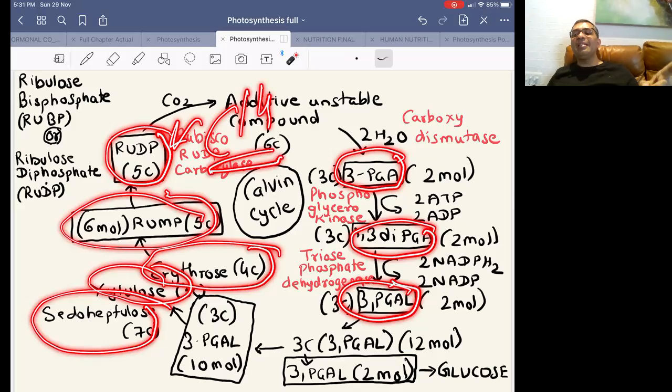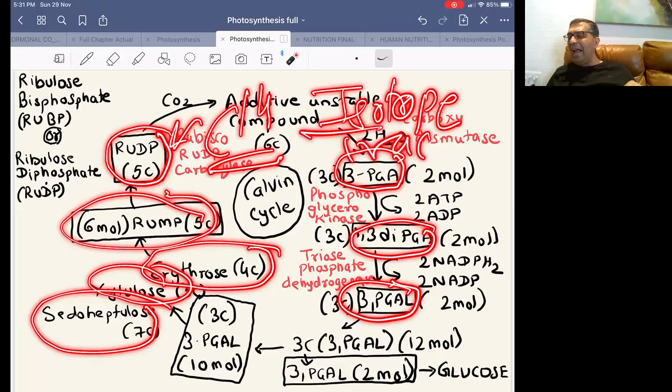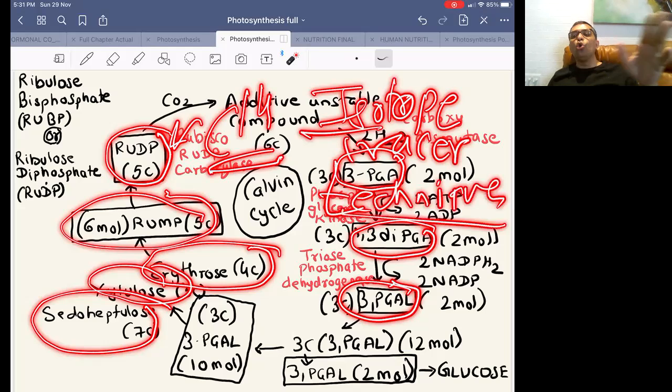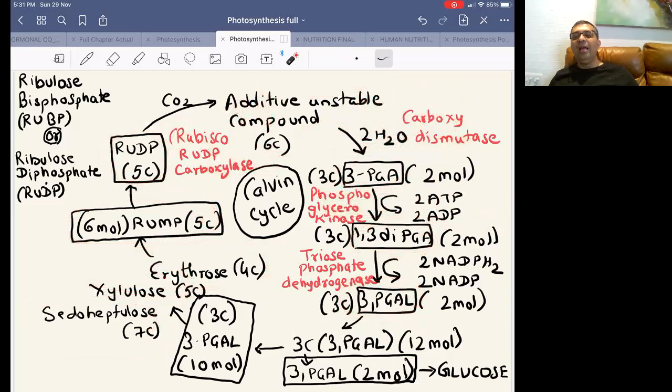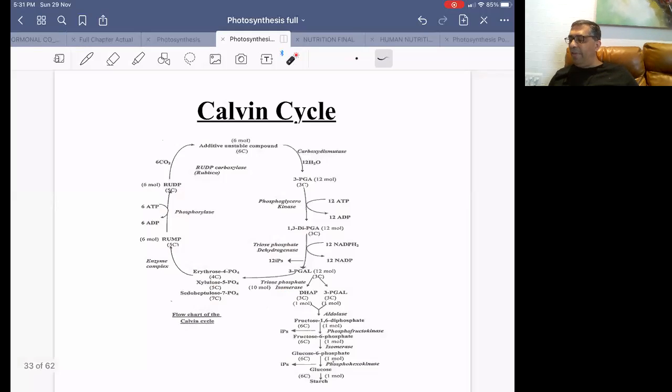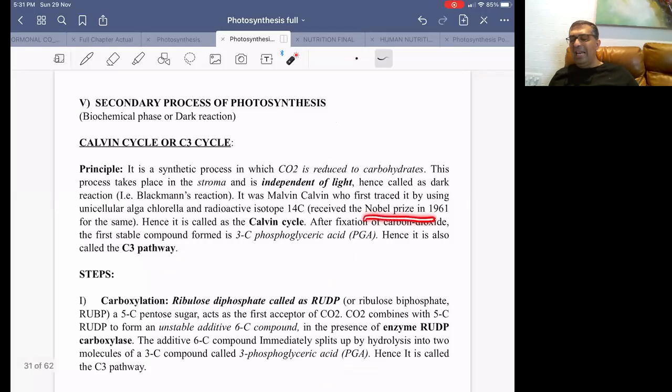Using the isotope tracer technique, he traced down all the different chemicals formed in the dark reaction. Hence, he was given a Nobel Prize in 1961 for the same.